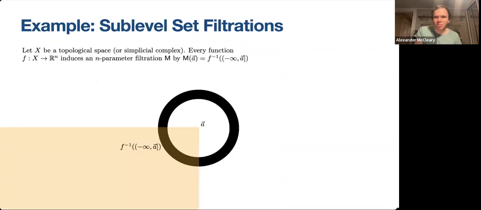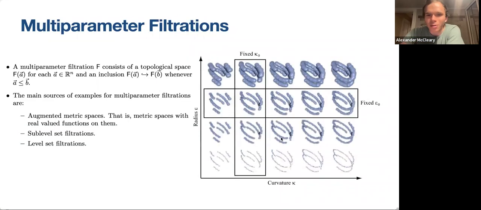In fact, maybe let's just go back to a picture. So this here is an example of a Rips bifiltration, this picture right here. So in this example here, our function f_X is the curvature function. And so if we just look at this bottom row right here and look at what happens as we increase the curvature parameter, we're not growing the balls around the points any bigger.